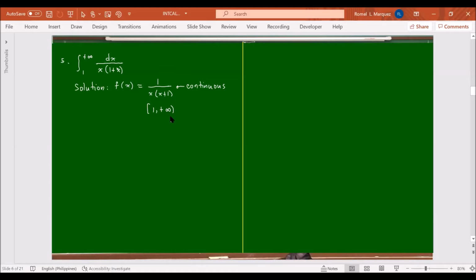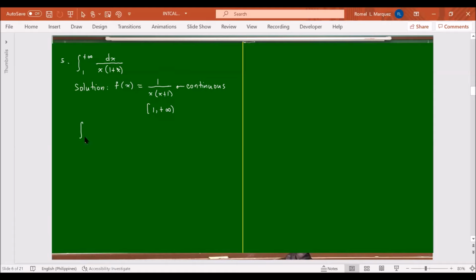For the rest of the values, from 1 to positive infinity, this function is continuous. So let's now proceed.